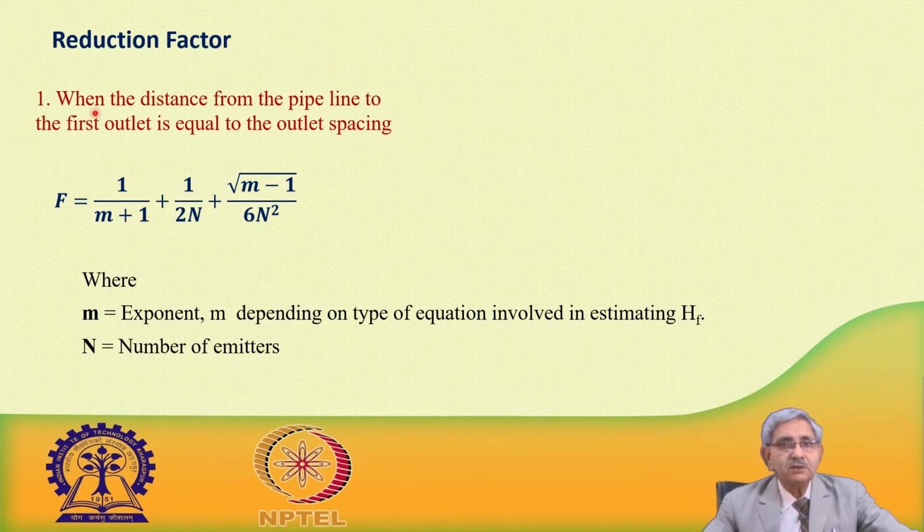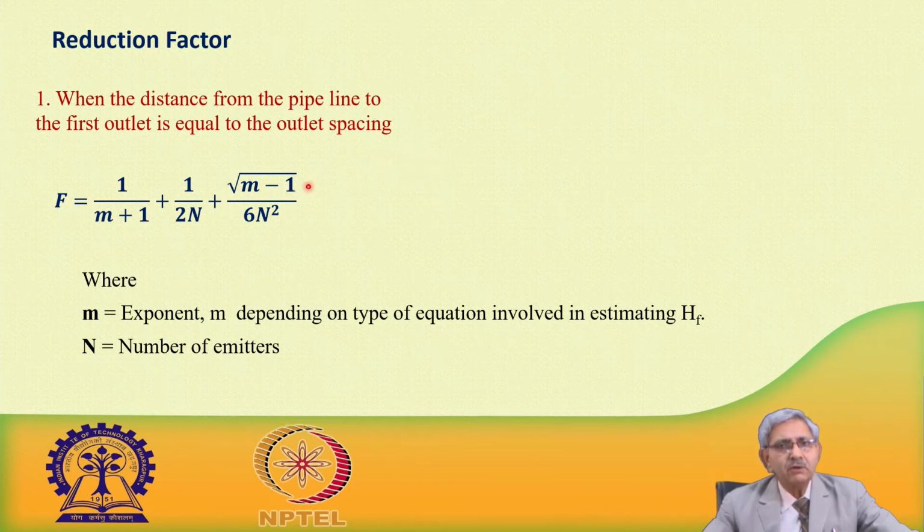When the distance from the pipeline to the first outlet is equal to the outlet spacing, all the emitters from the first emitter to the last emitter are equally spaced. So, in the lateral pipeline the drippers are attached.